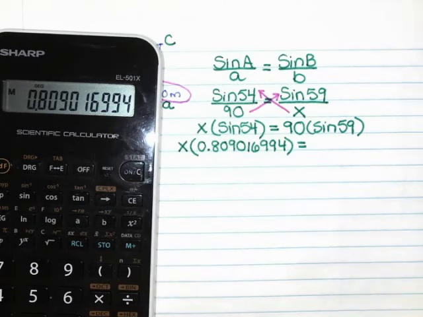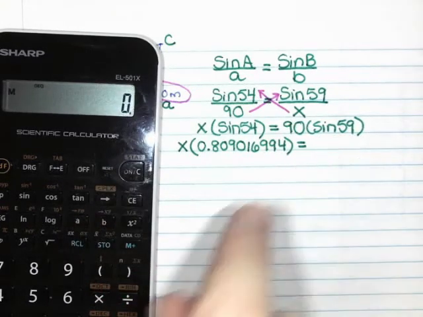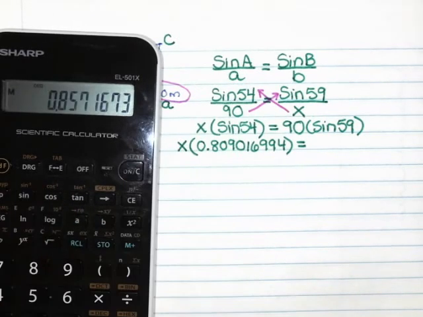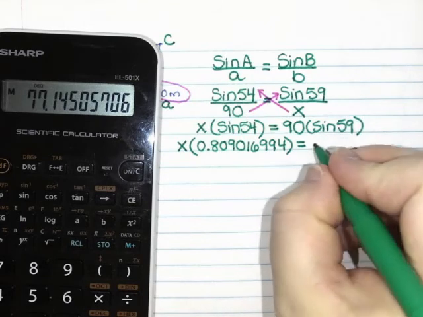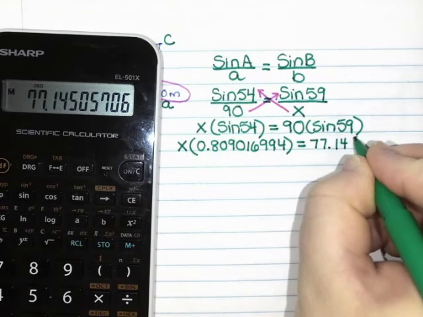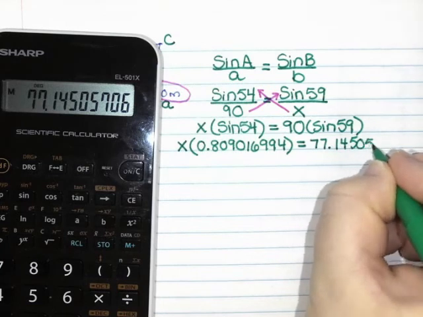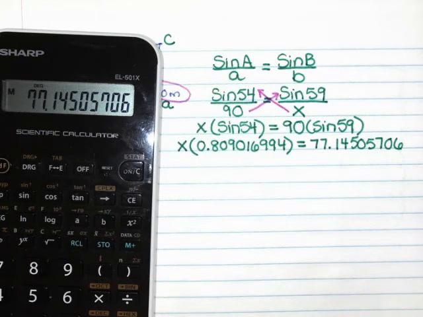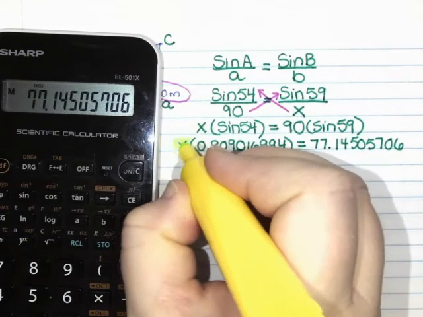And then on the other side, I'm going to do 90 times sine of 59. So I have to do 90 times 59 sine on my calculator, and I get 77.14505706.